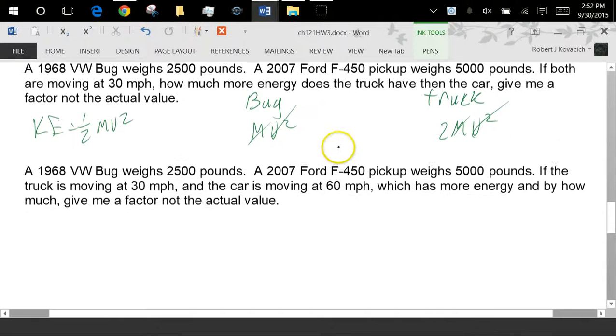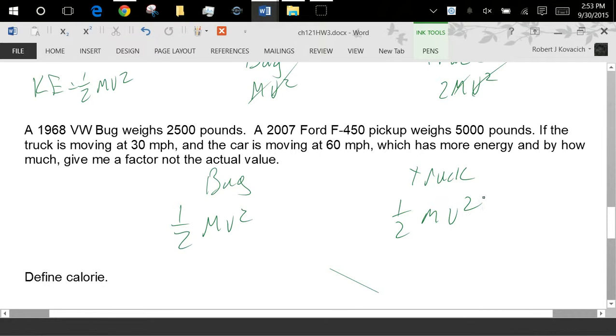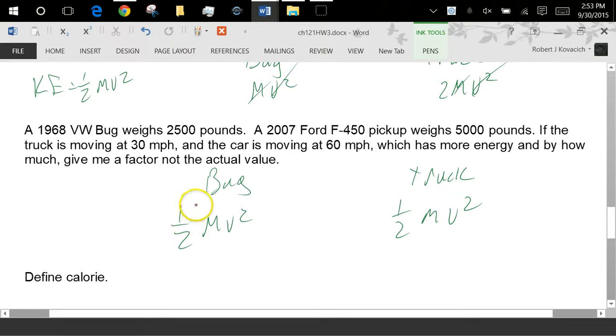Okay, so let's do that same thing over here. I'm going to have my bug, I have my truck, and this is 1/2 mv squared, and this is 1/2 mv squared. So I can do the same thing. I can cancel out my half. That can just disappear. Same thing on both. What do I do with the mass? Same thing, right? This truck is twice the mass of the bug.